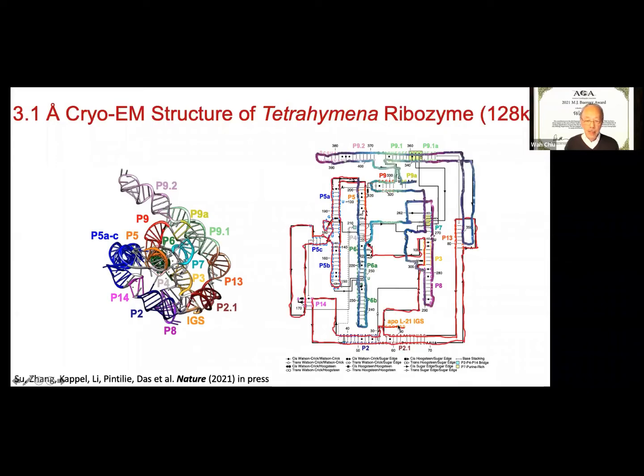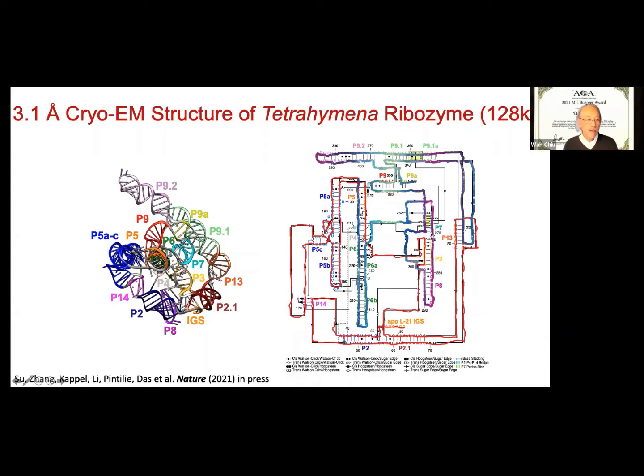In fact, I was so excited that after we did the structure, we were able to trace the backbone from one end of the molecule to the other end, from the right-hand side to the left-hand side, then up and down, and down again and up, all the way to the peripheral part of the RNA that encompasses the catalytic regions.